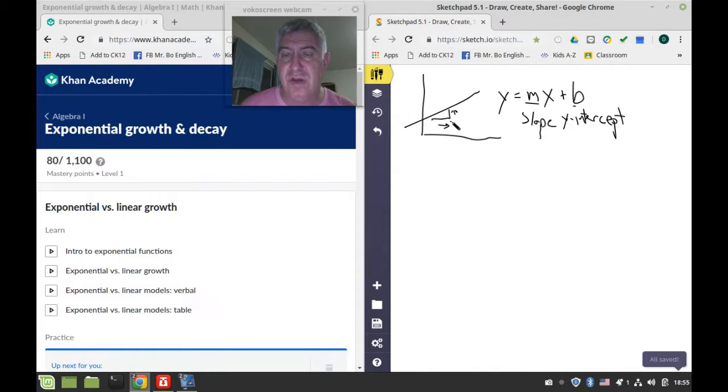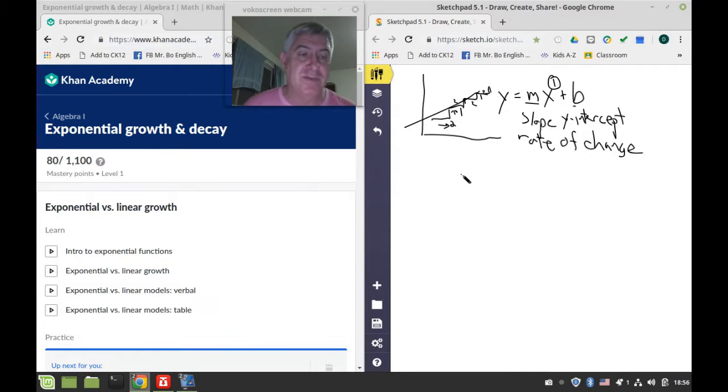So if we move right 2 and up 1, the next time we'll also move right 2 and up 1, and the next time we'll also move right 2 and up 1. You get the idea. So our rate of change is always the same.